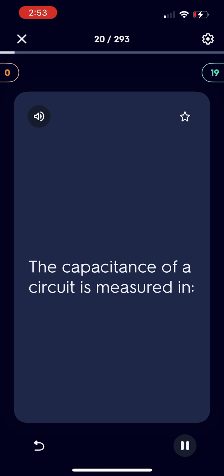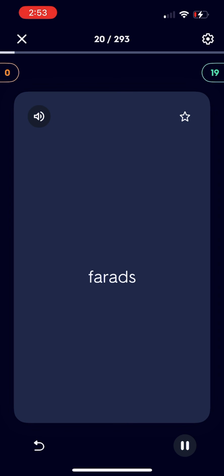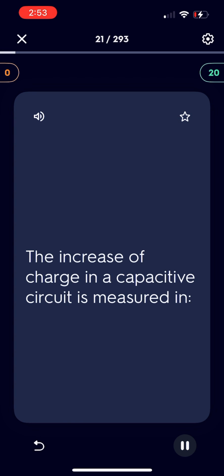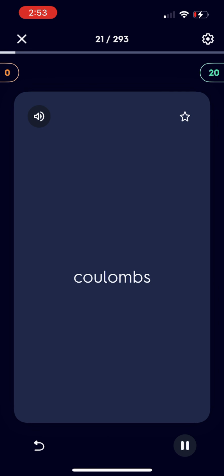The capacitance of a circuit is measured in farads. The increase of charge in a capacitive circuit is measured in coulombs.